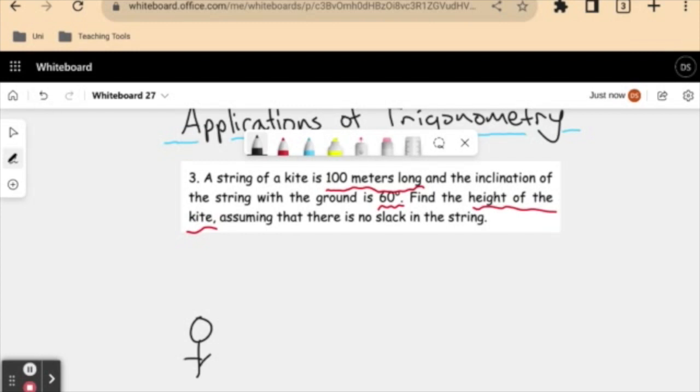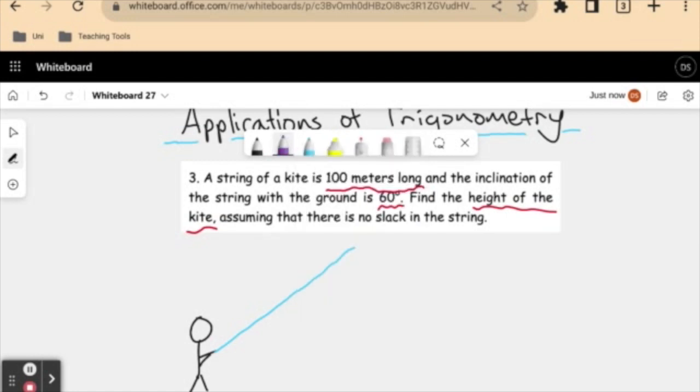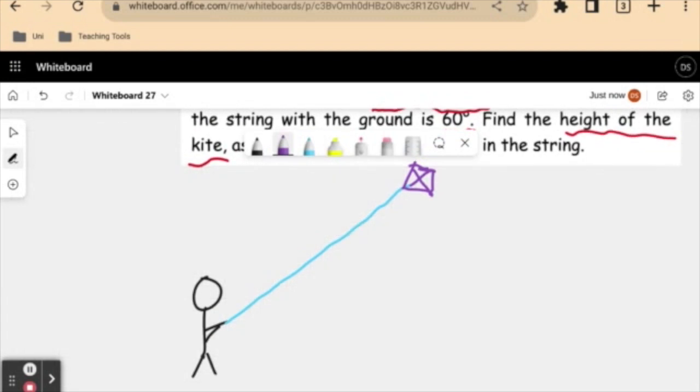You can see I'm not a very good drawer, but I've got my kite here, and let's draw a little kite. Wow, that's actually shocking. I hope you can forgive the bad drawing.